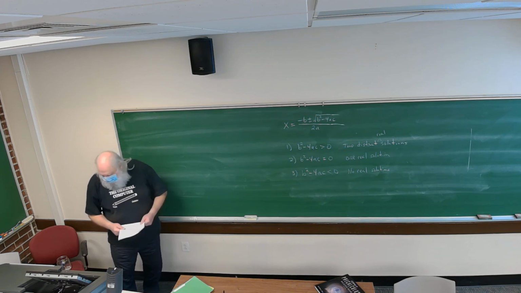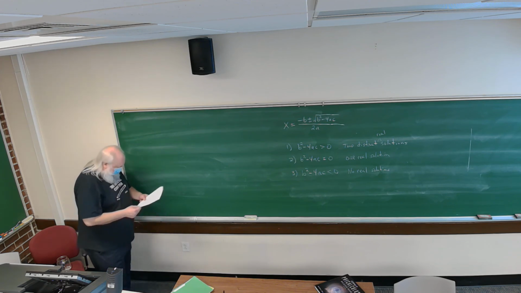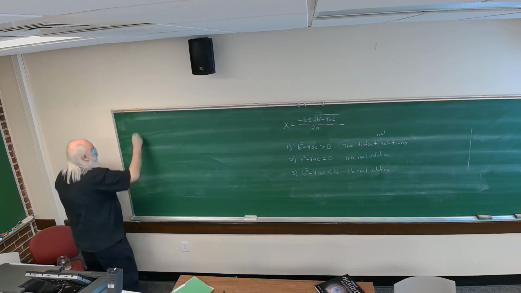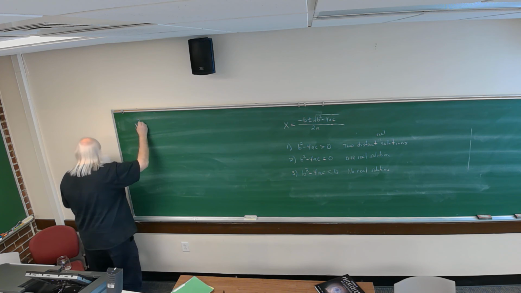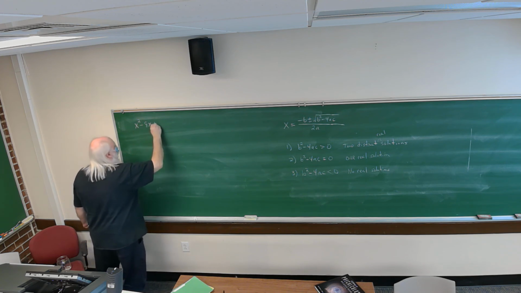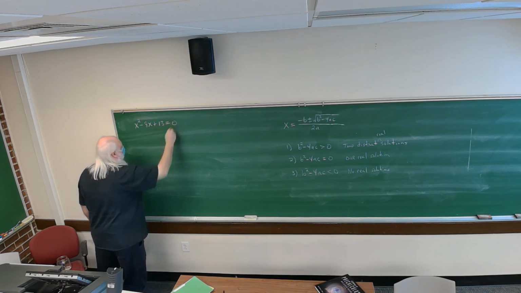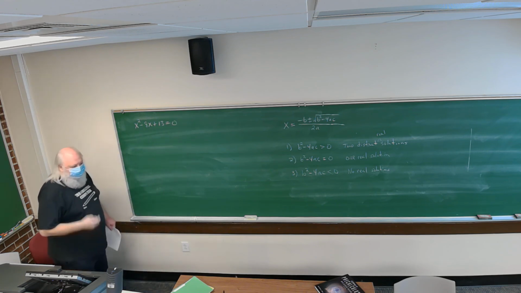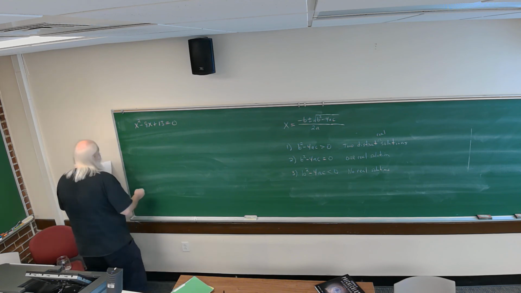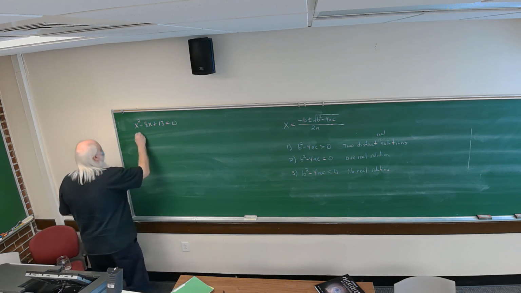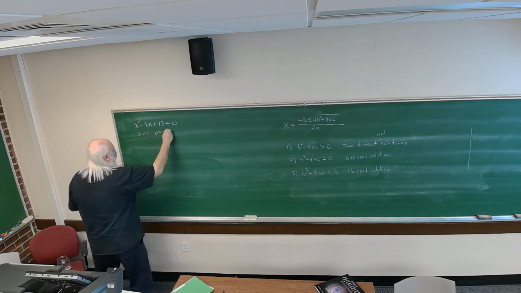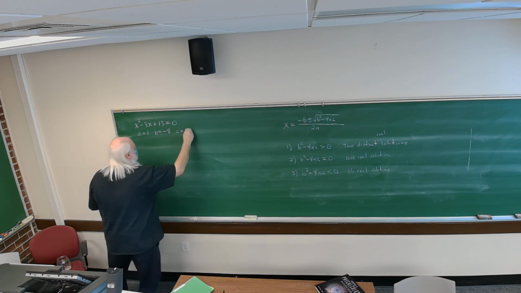Okay. All right. Use the formula to solve the equation. First one, x squared minus 8x plus 13 is equal to 0, right? There's a quadratic equation in one variable. So a, in this case, is equal to 1, b is equal to negative 8, c is equal to 13.